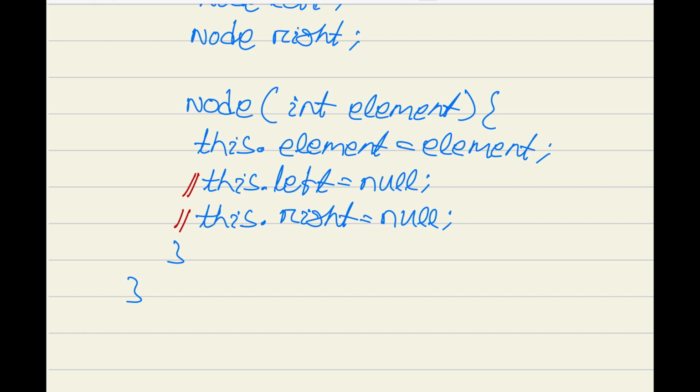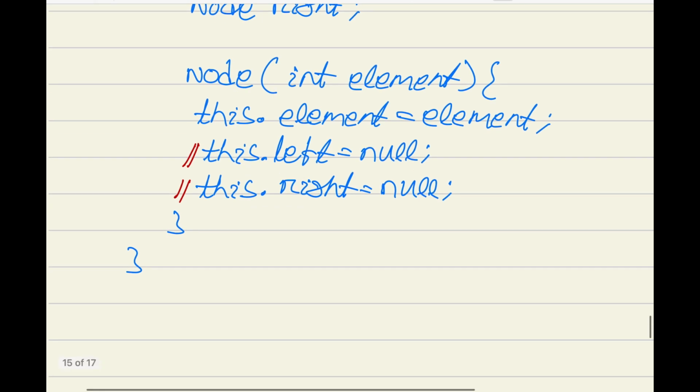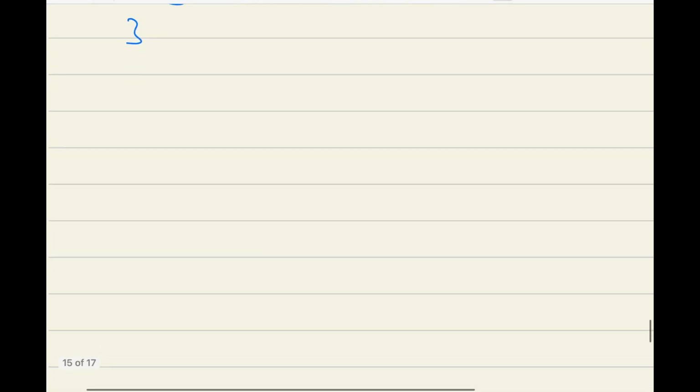The default value of left and right will be null if you do not initialize explicitly, because by default reference variables are null in a class. Okay.